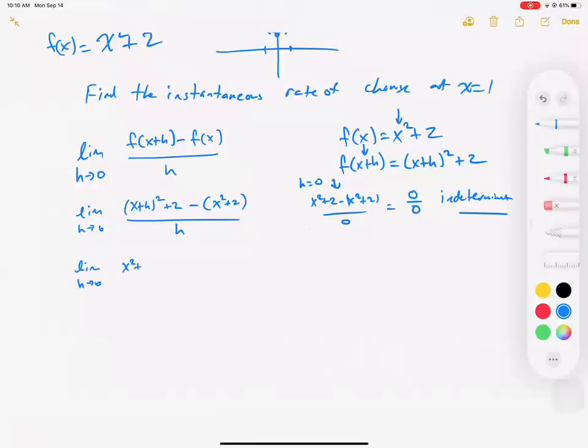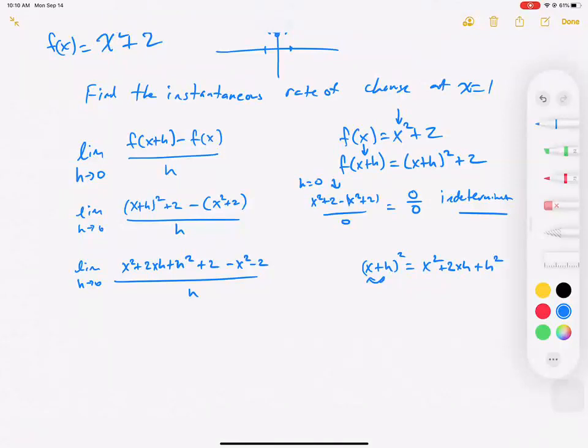x squared plus 2xh plus h squared plus 2 minus x squared minus 2 over h. Now again, just to remind you, whenever you're squaring a binomial, there's a trick. You square the front, you square the back, and you double the middle value, which would be 2xh. Always that same pattern.